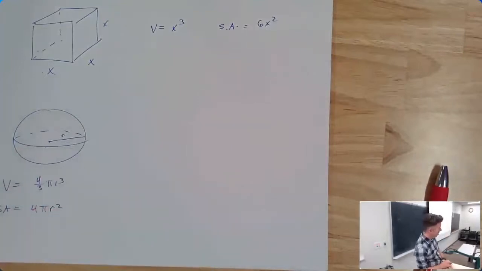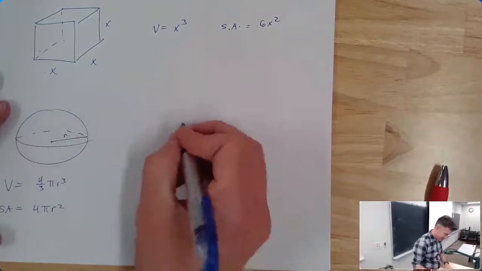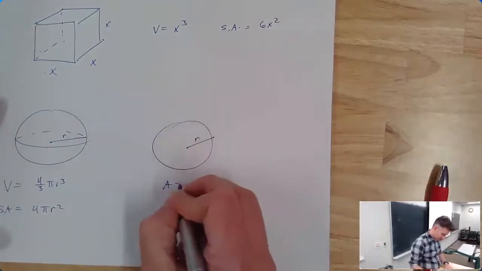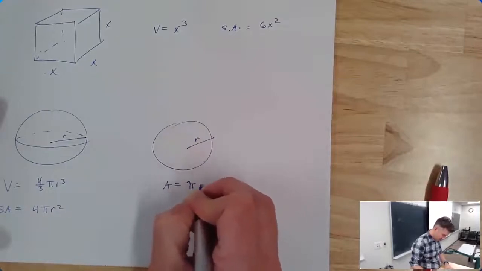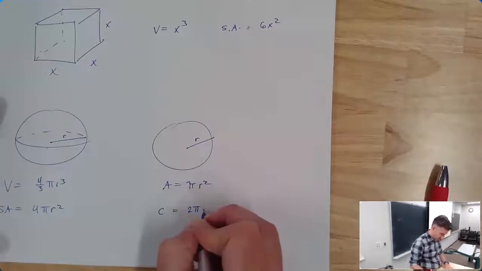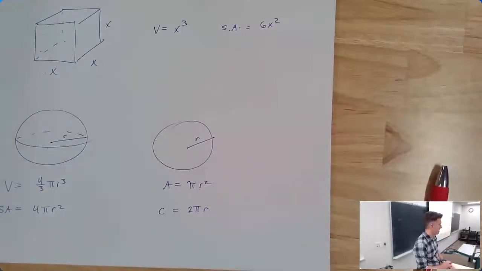And it also works for circles. What's the area of a circle? Pi r squared. And the derivative of that is 2 pi r, which is the circumference of the circle. I don't know why that's true, but it is.